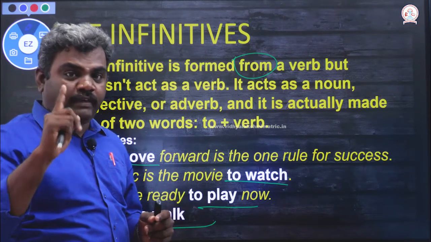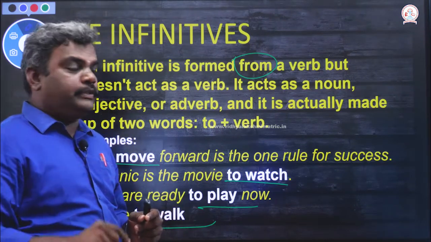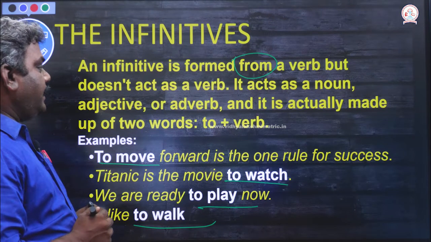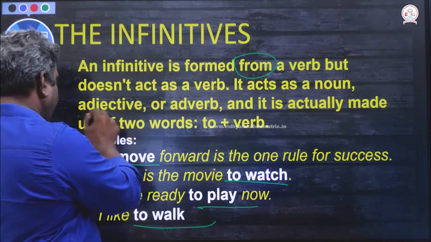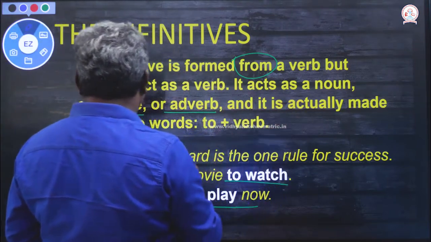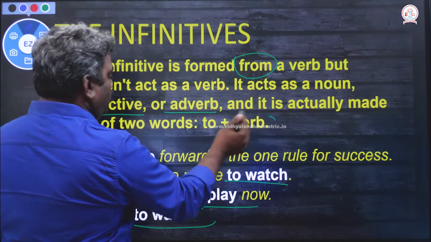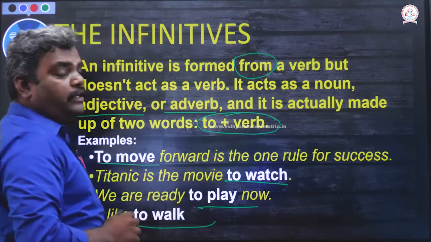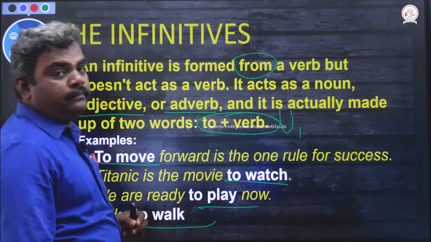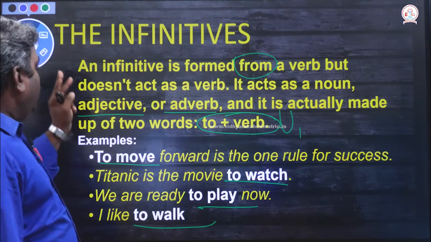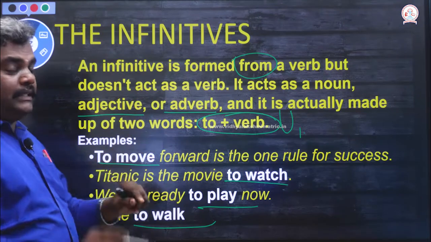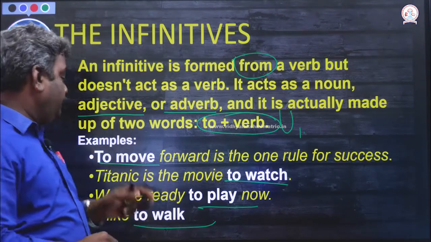We must use only the V1 form to write the infinitive. It doesn't act as a verb, it acts as a noun, adjective or adverb, and it's actually made up of 2 words, to plus verb, to plus V1. An infinitive is formed from a verb but doesn't act as a verb.